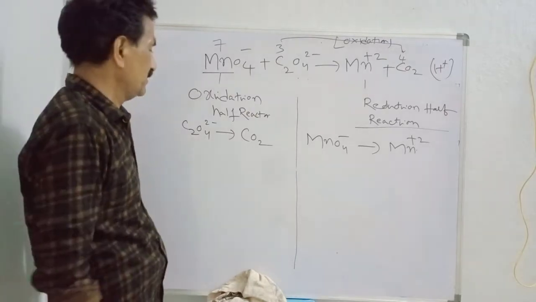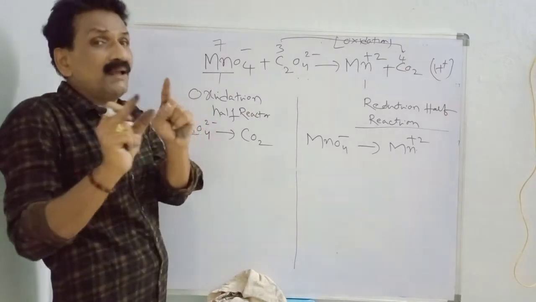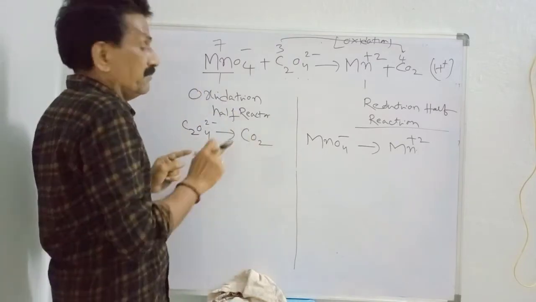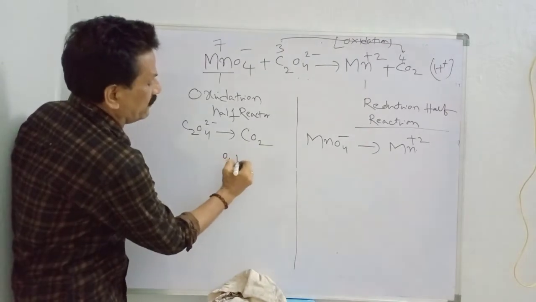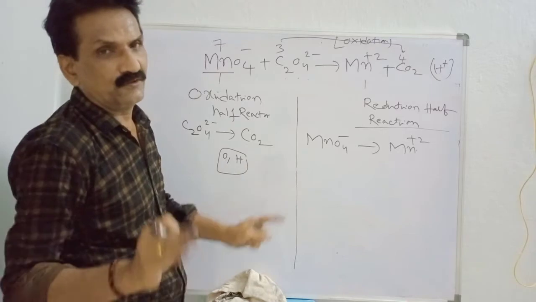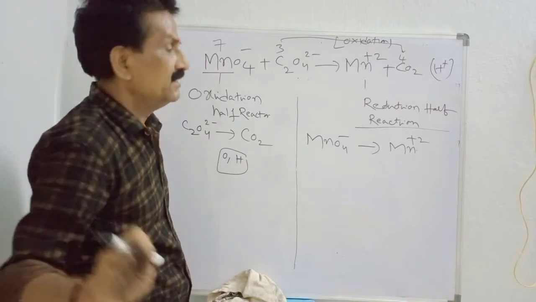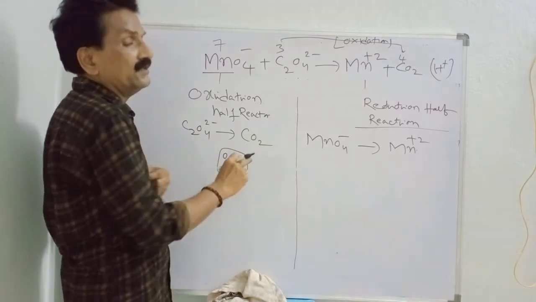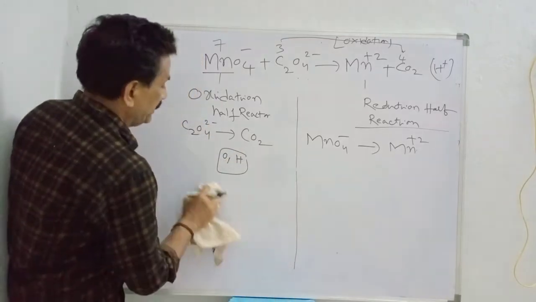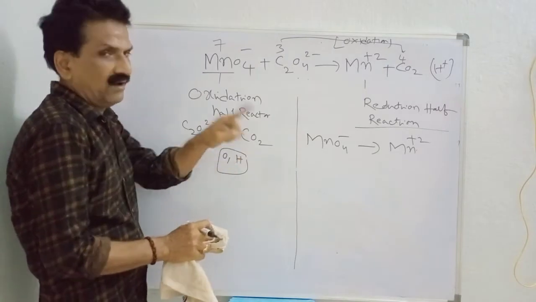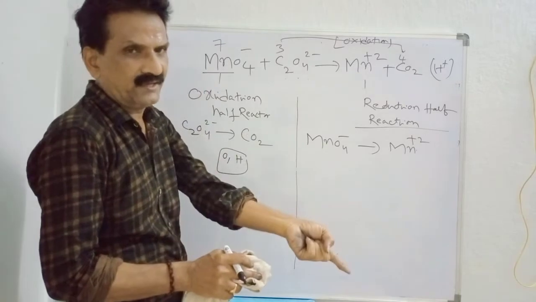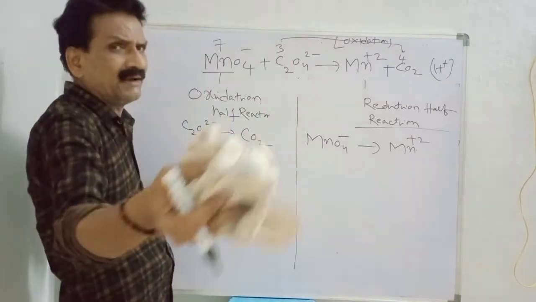Next one is, you have to balance the main elements, that is the central atoms, except oxygen and hydrogen. You don't go for oxygen and hydrogen. Except hydrogen and oxygen, you have to balance the other atoms.